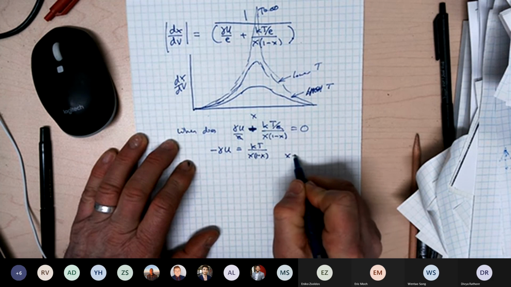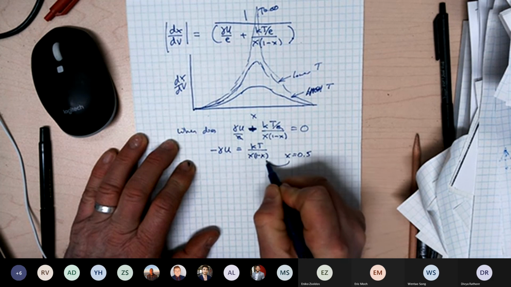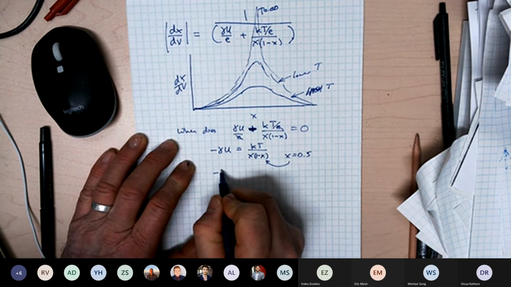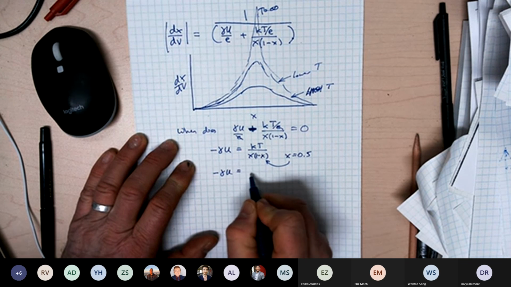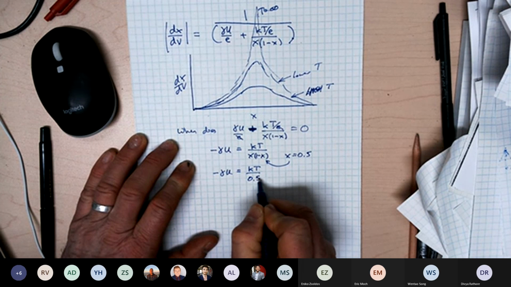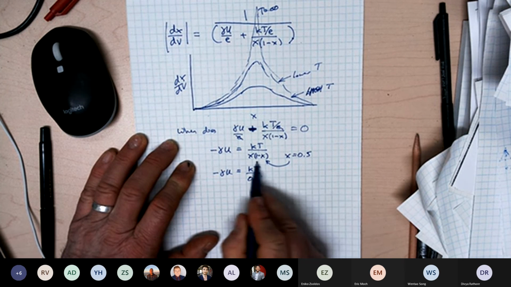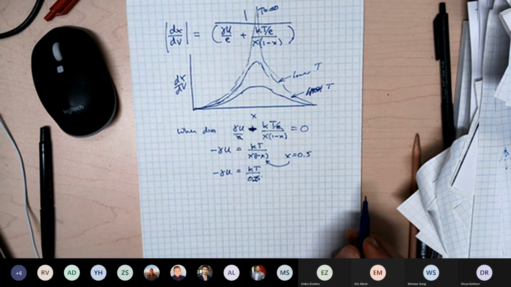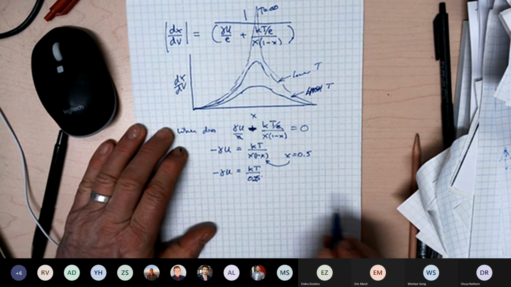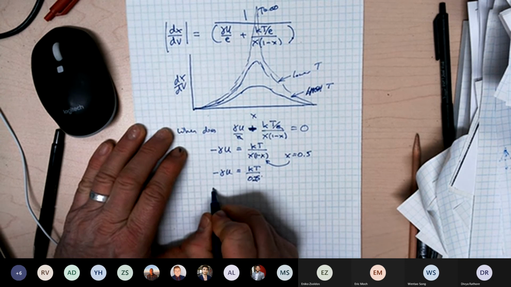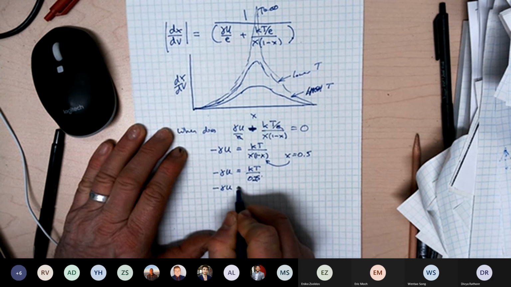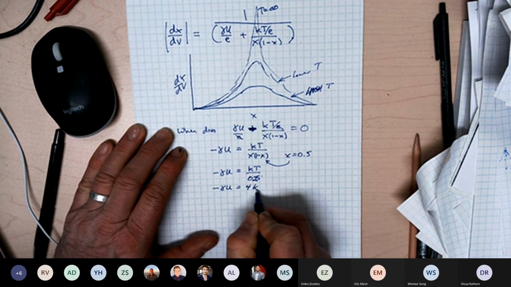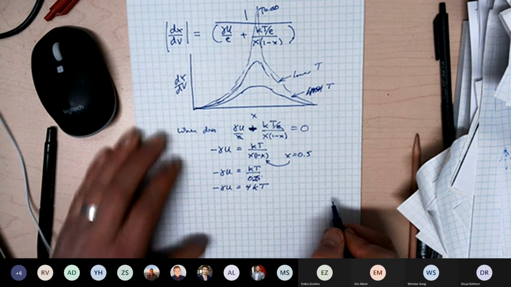So you put in x equals 0.5 in here, and you get minus gamma u equals KT over 0.25, sorry, when you take 0.5 squared, and you get minus gamma u equals 4 times KT.